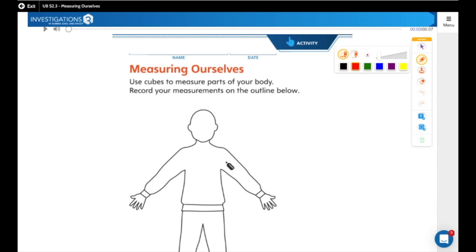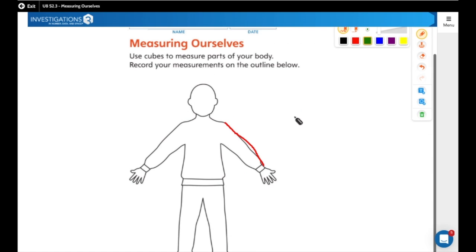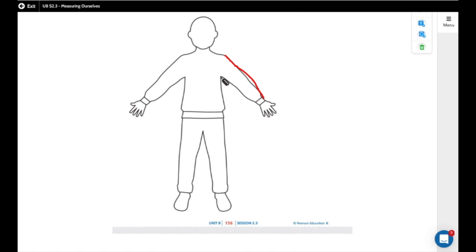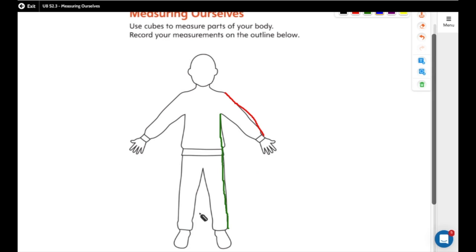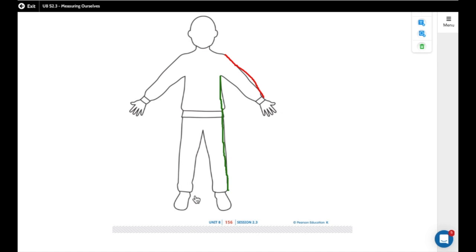So you could measure your arm from your shoulder down to your wrist. You could measure from your underarm all the way down to your waist, or even all the way down to your leg. You could try and measure your foot from front to back.